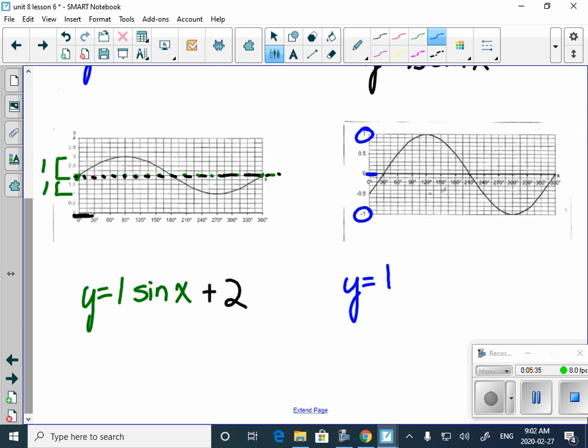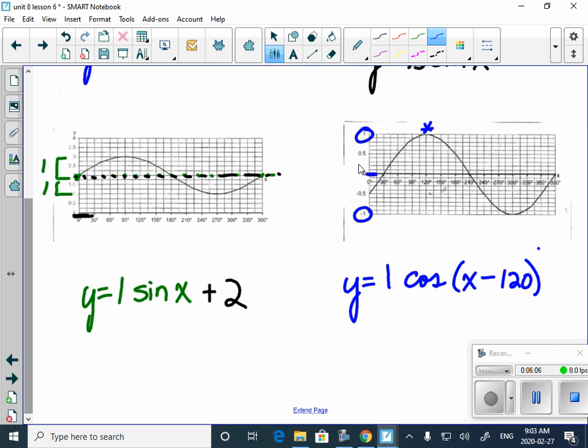Either way, it has been moved a little bit left or a little bit right because it's not starting at either the max, the min, or in the middle exactly. I'm choosing to make this one a cos function. So a cos function starts at the maximum value. So mine as a cos function has been moved over to the right 120 degrees.